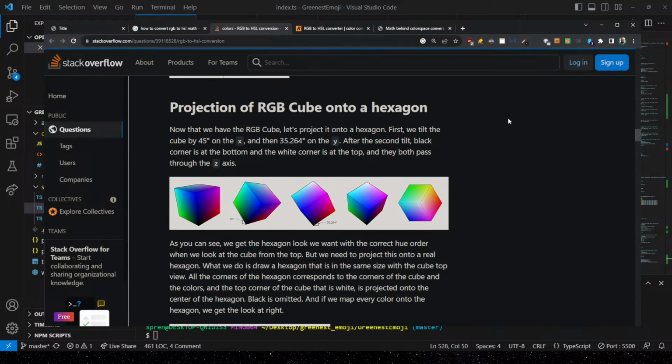Projection of RGB cube onto a hexagon. Why are we projecting it onto a hexagon? I'm not totally sure. Okay. I kind of see what they're talking about here.